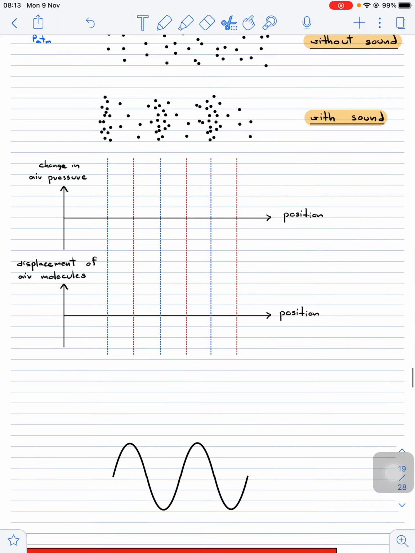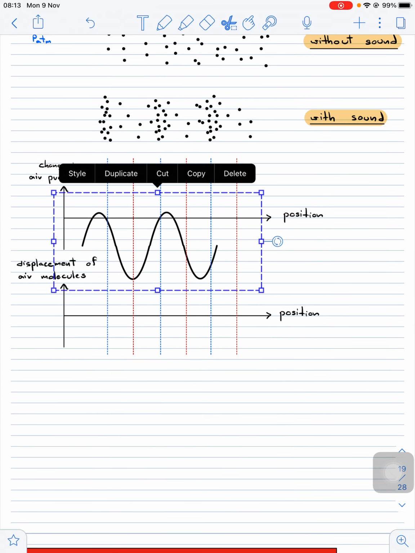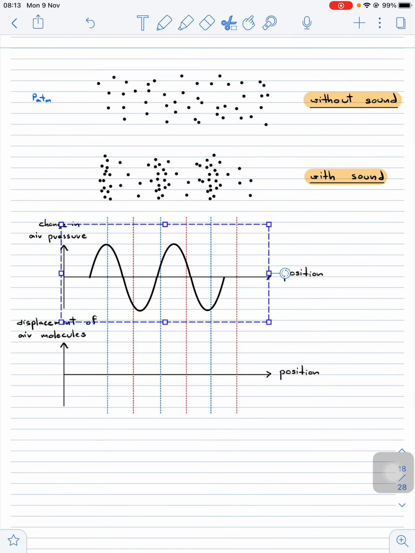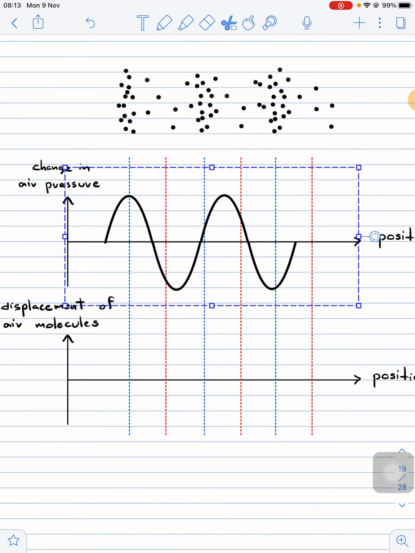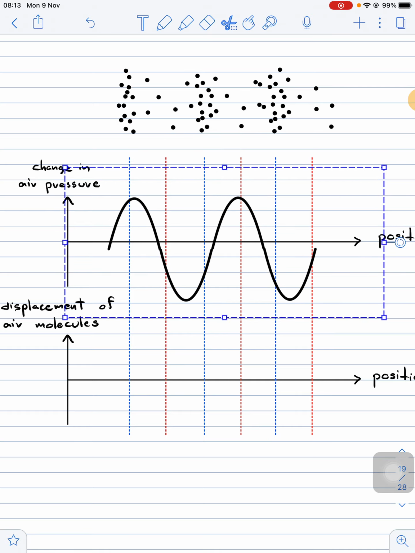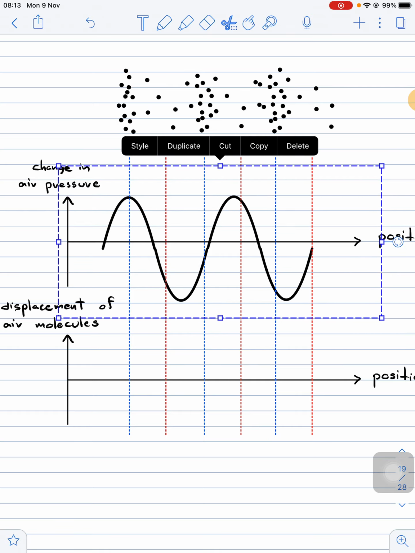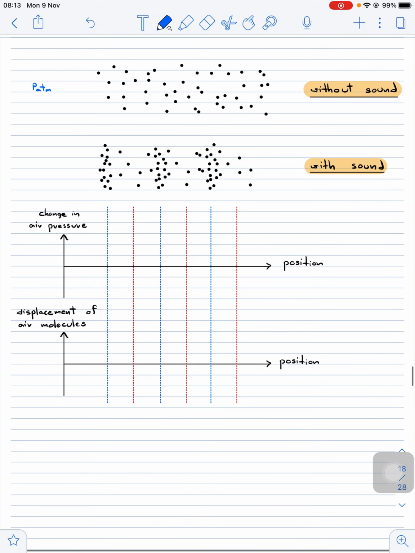Then the graph should look something like this. No, okay, let me just draw it again.